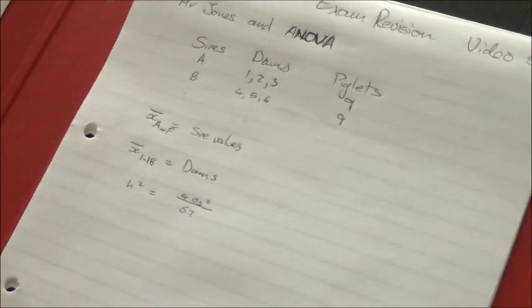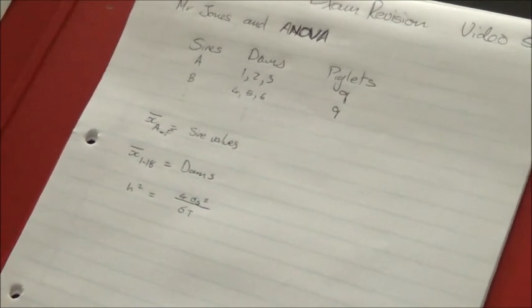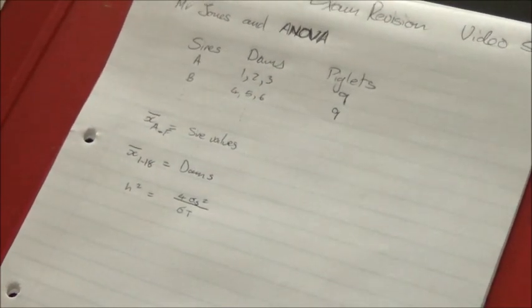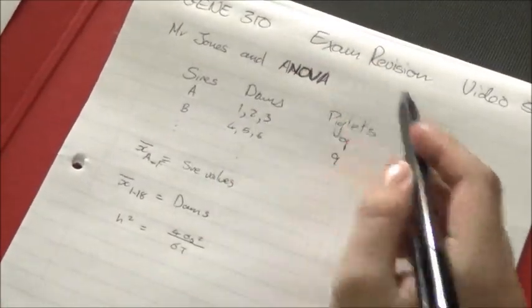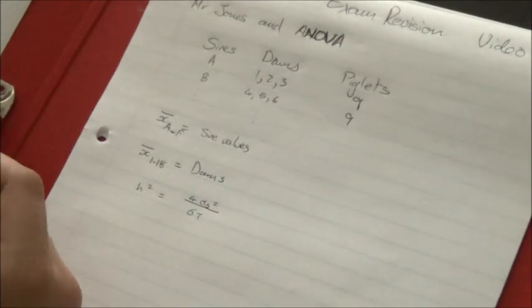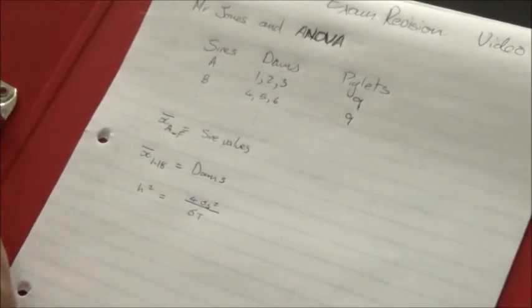Okay, but we don't have those values. To calculate those values, we need to use an ANOVA table, which looks at the source of variation between the sires, between the dams, and within the progeny. Now, I'm not going to try and explain those concepts too much because it'll confuse you. And also, you can just read up on it.